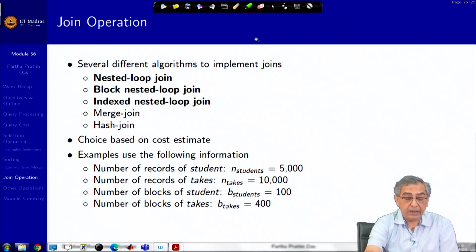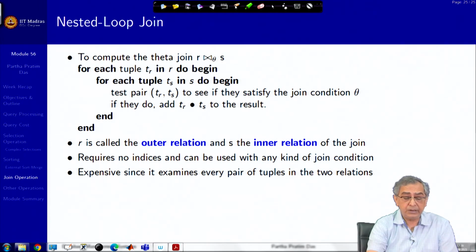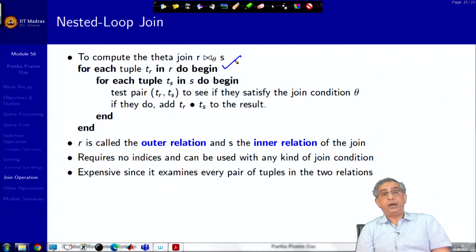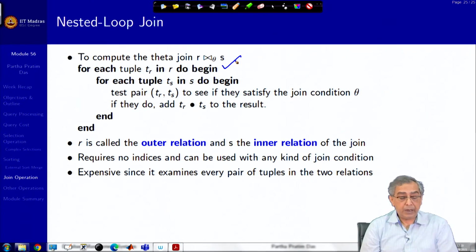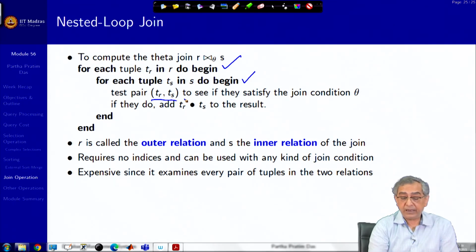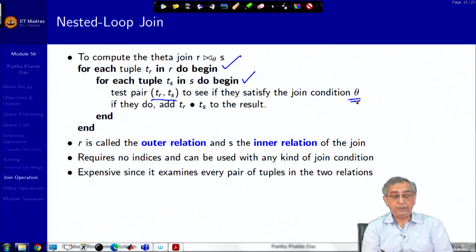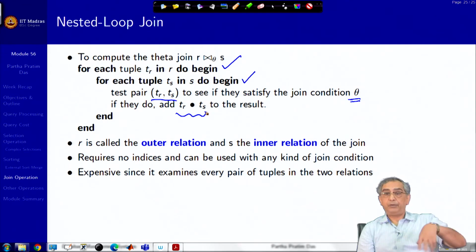The nested loop join is the easiest. For each tuple in the outer relation, say R, you take the tuple from the inner relation and test if this pair satisfies the condition theta. If they satisfy the condition theta, you concatenate them and put it in the result. Otherwise, you continue.